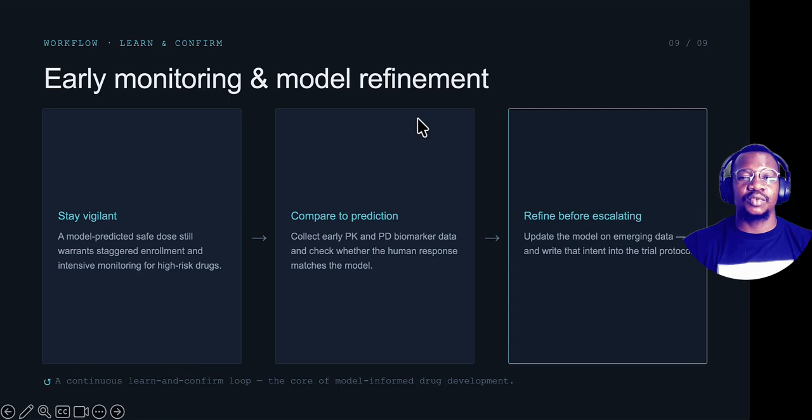So early monitoring and model refinement. Refinement essentially means you update the model on emerging data to keep it up to date.